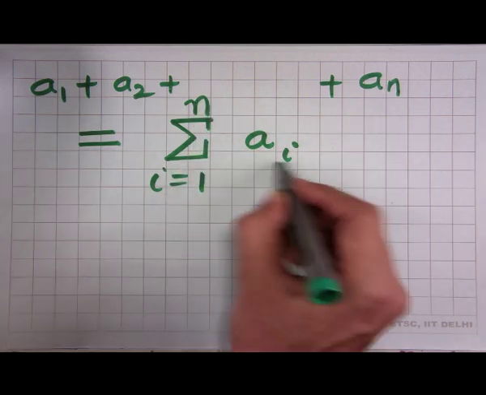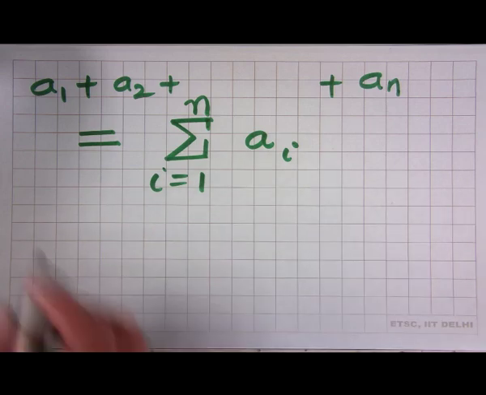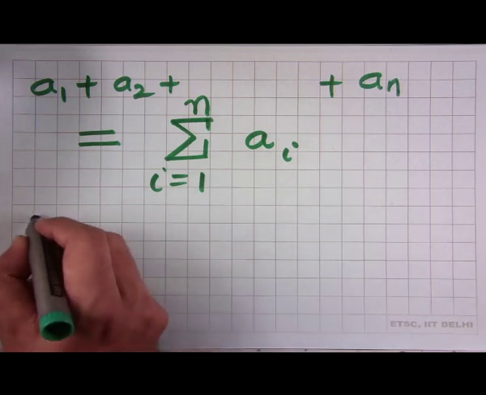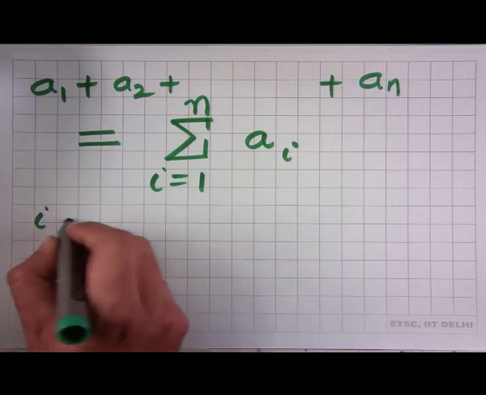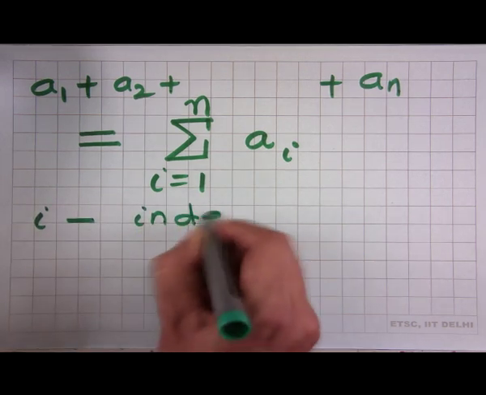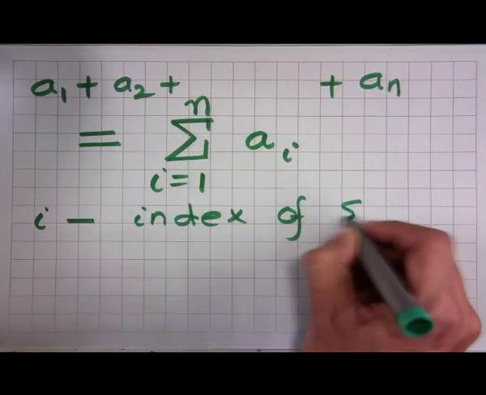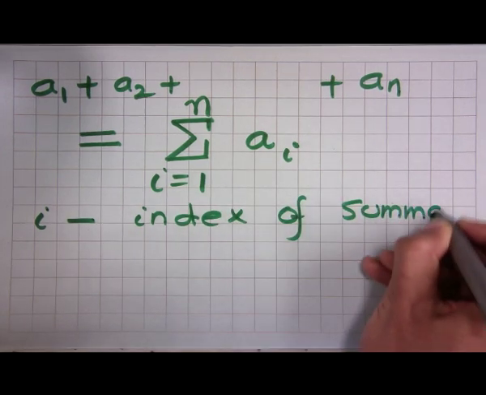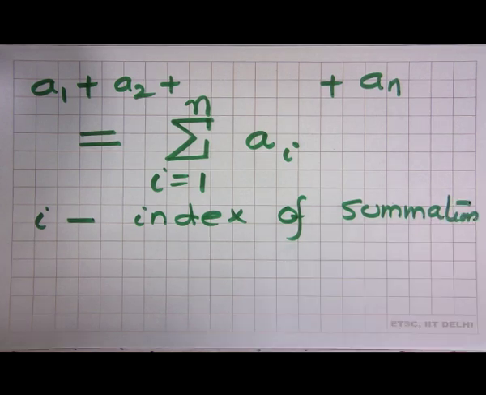This variable i is called the index of summation. Note that the index of summation is a dummy in the following sense.